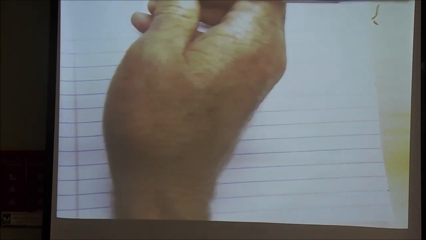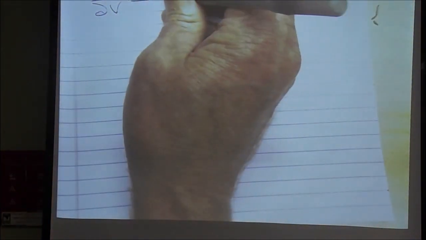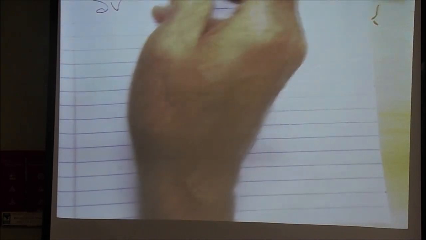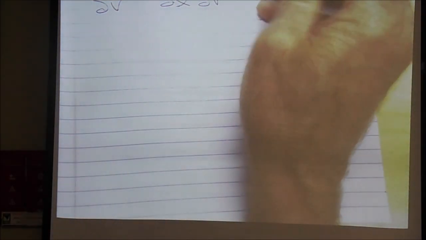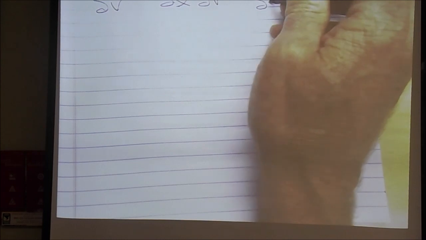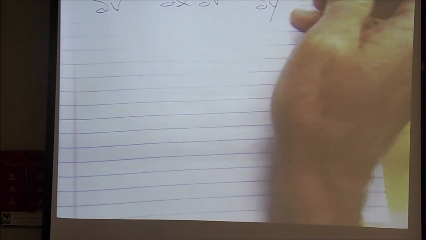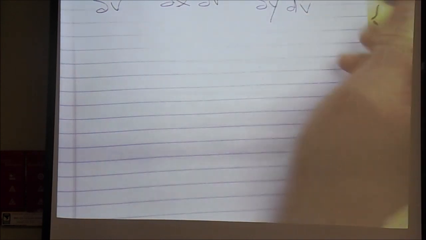Alright, and I'll say now the chain rule says if I want to calculate dz dv, let's say, that's one of the things we were asked to compute. I have two paths down to v, so I take this path down, multiply its partial derivatives, dz dx, dx dv, and then I have this path down, dz dy, dy dv.